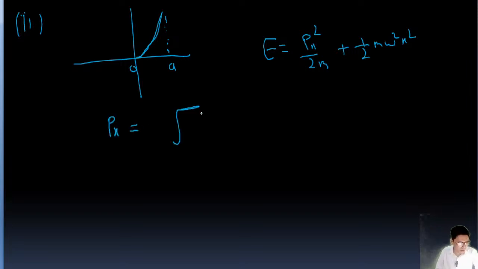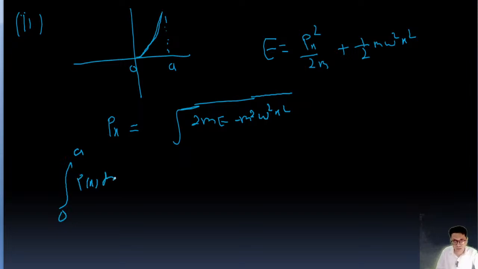Px value is the square root of 2mE minus m square omega square x square. From here we can get this value, and then a simple integration from 0 to a.